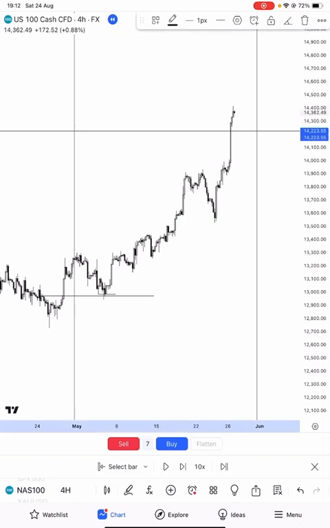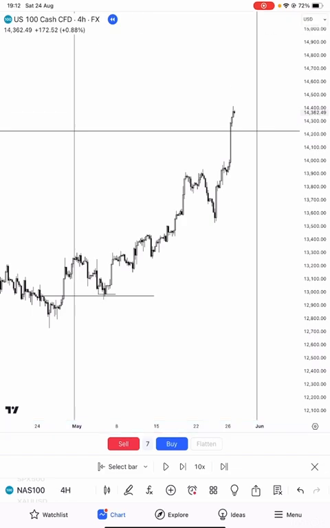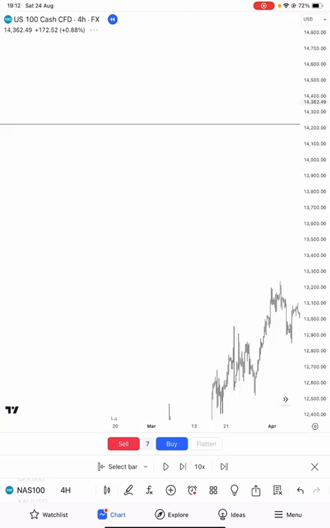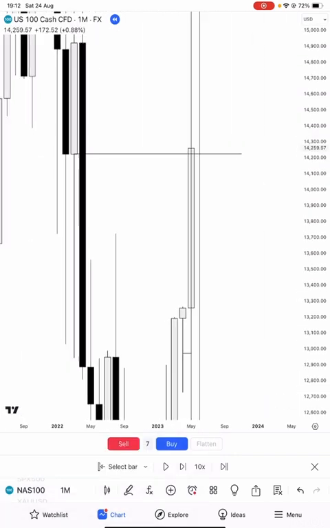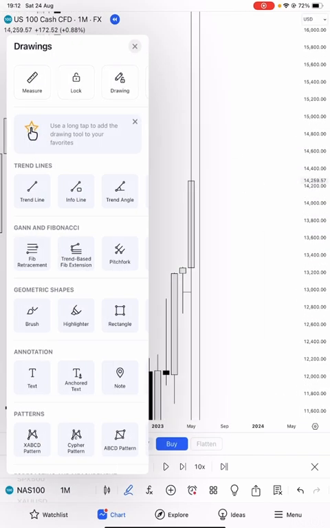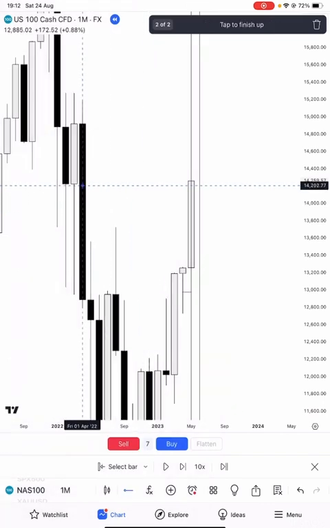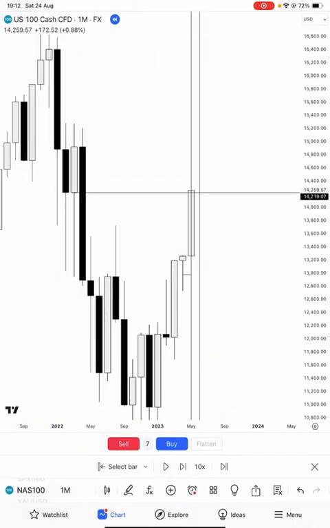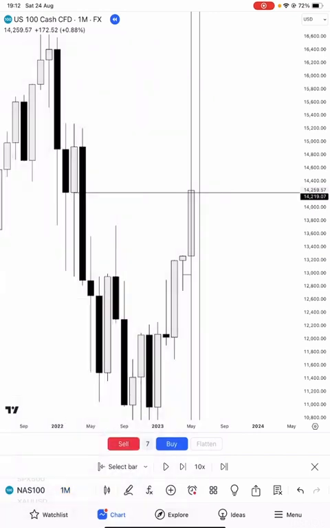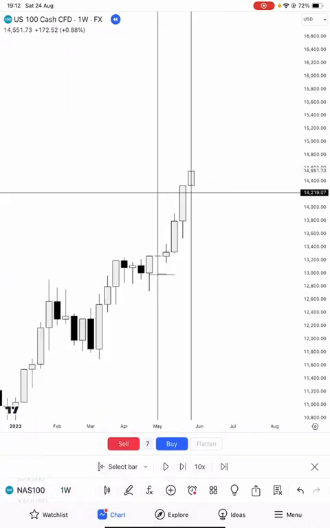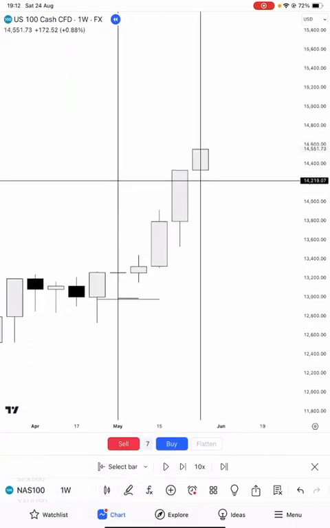what are the components? I will take off this and just stick with this. What are the components to a monthly? Sorry, let's make the chart cleaner. So let's take only this target. What are the components to a monthly candle?